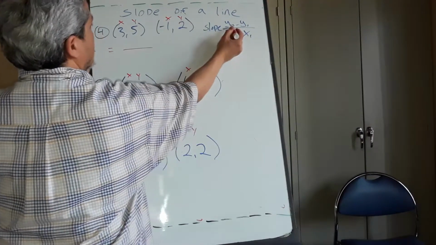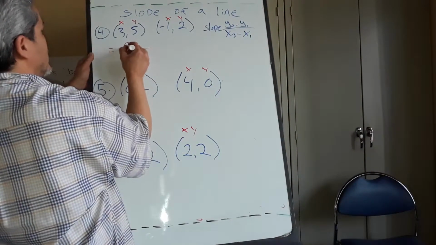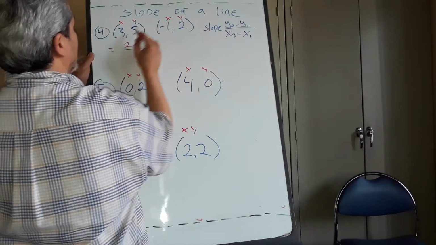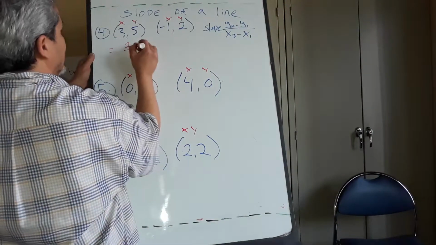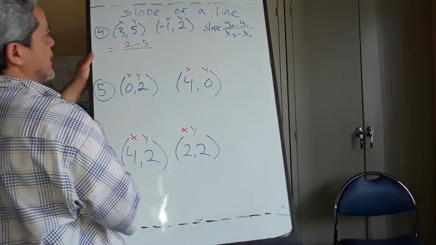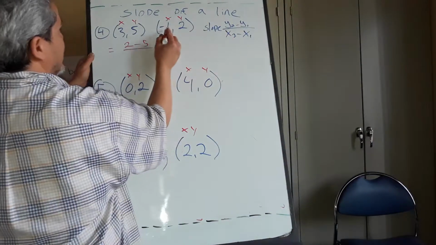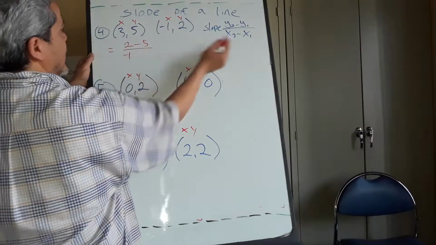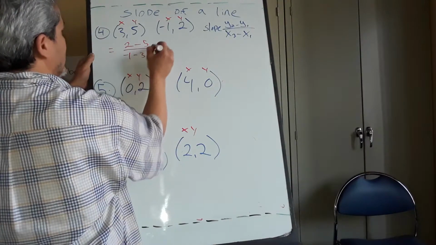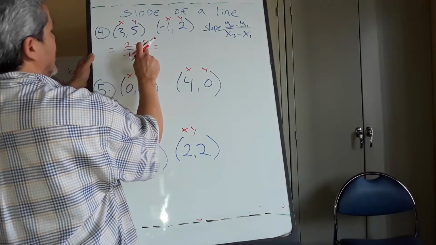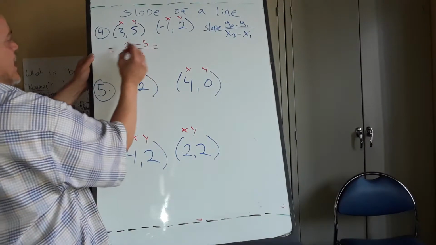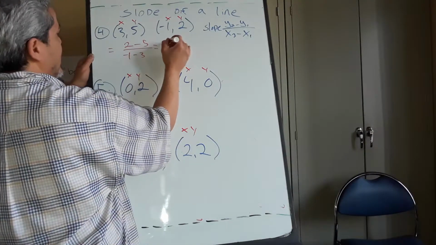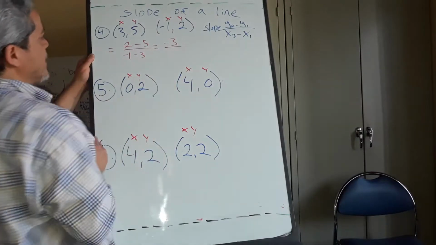Second y, 2, minus first y, 5, which is -5. Second x, -1, minus first x, 3, and it's -3. So we have a negative and a positive. We subtract and keep the sign of the larger number.